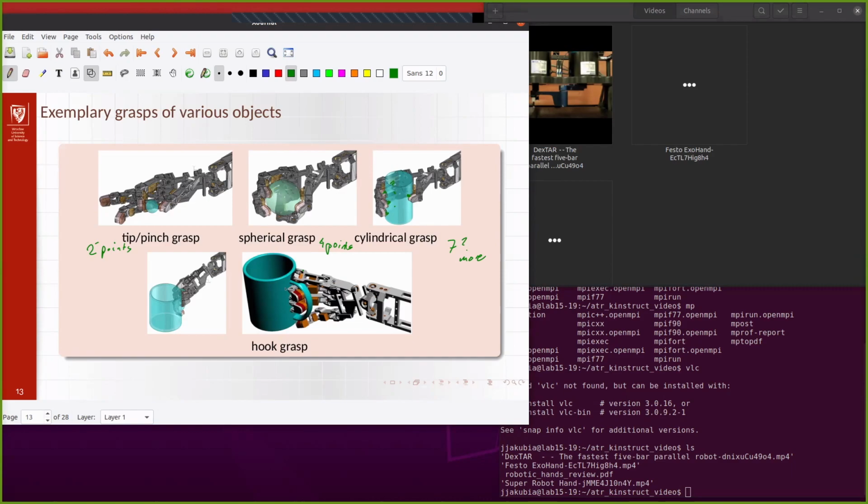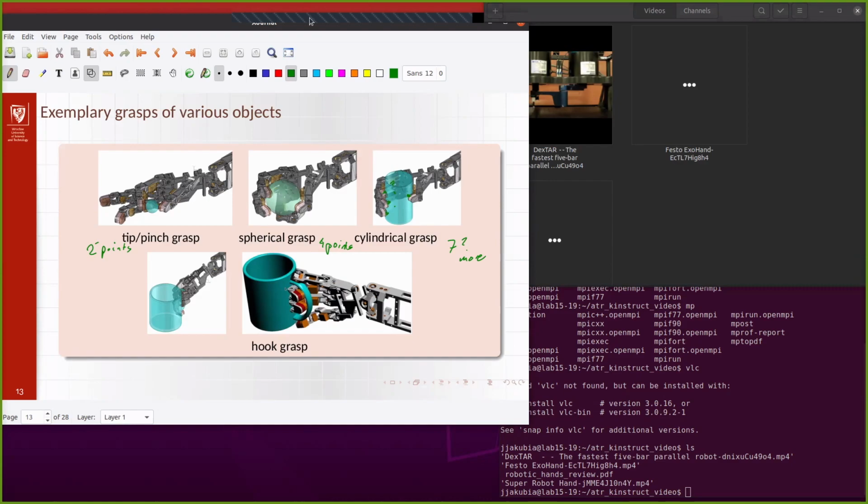Because of the higher number of degrees of freedom, we have more influence and more capabilities for the robot, but of course the solving will be more complex as well.